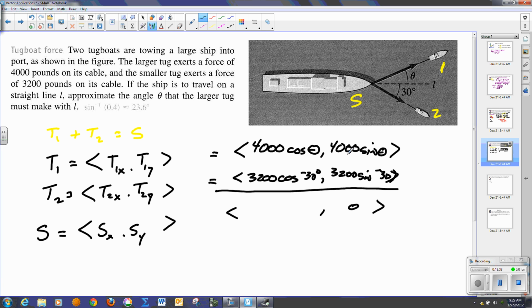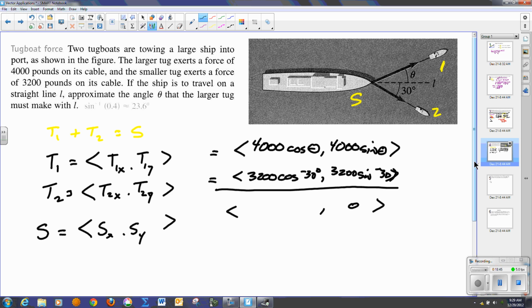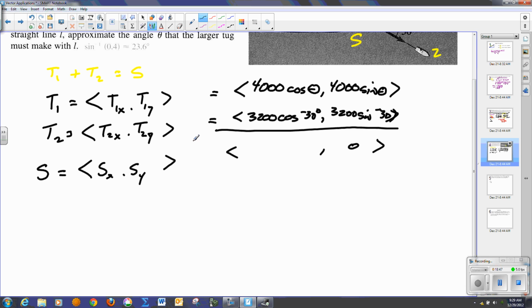So again, this is just like the problem I previously did. I can find out this angle by setting the sum of these two, 4,000 sine theta plus 3,200 sine negative 30, set that equal to 0.